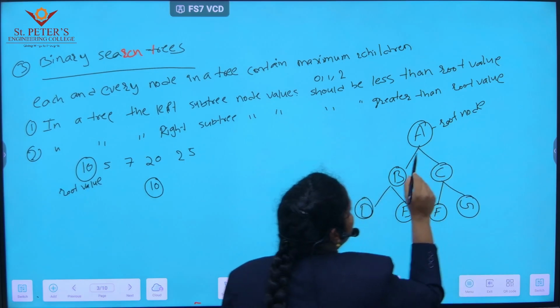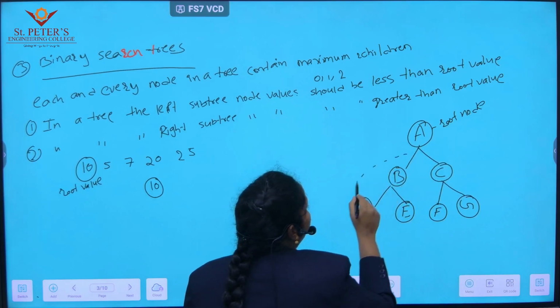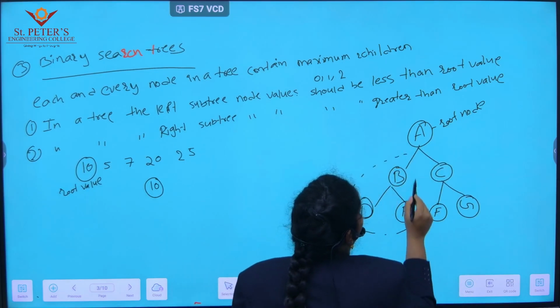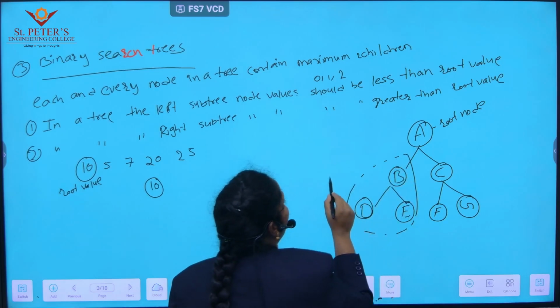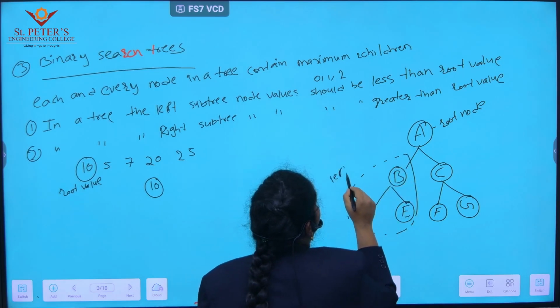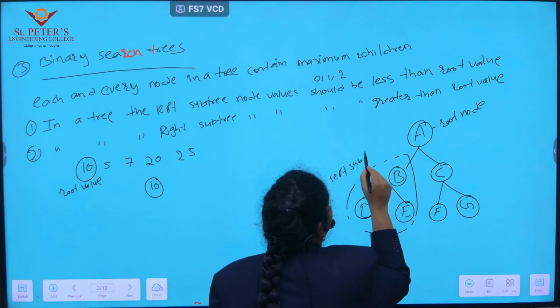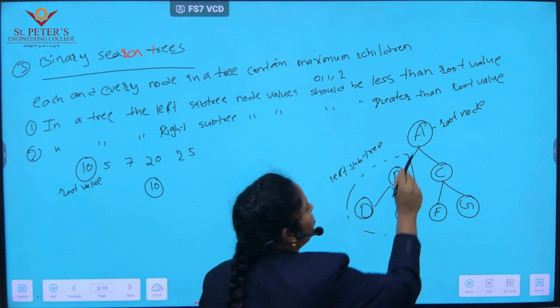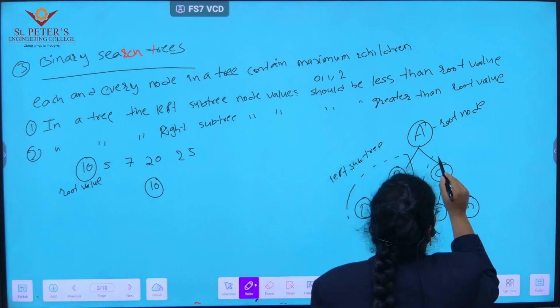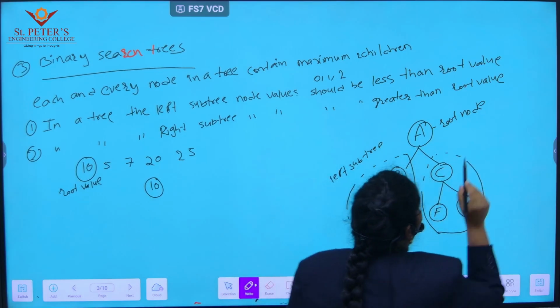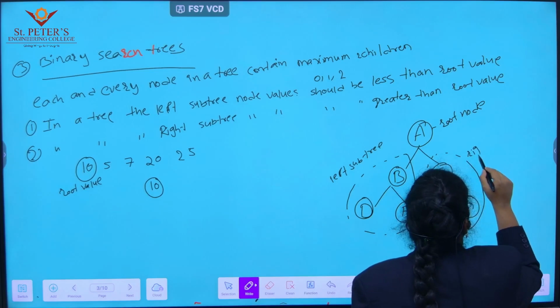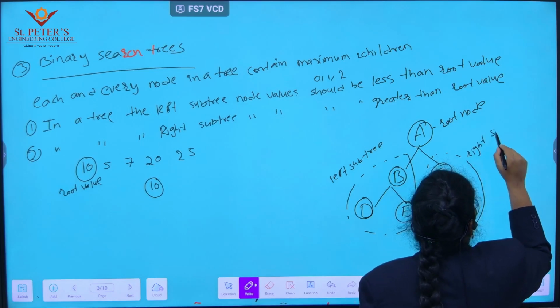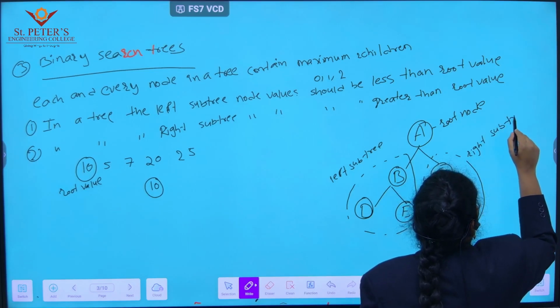For this root node, the left side part we call the left subtree, and the right side of this root node we call the right subtree.